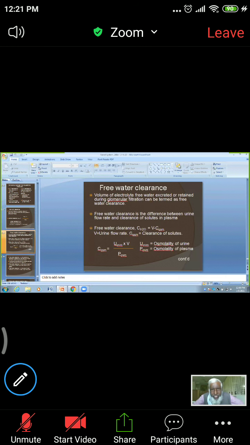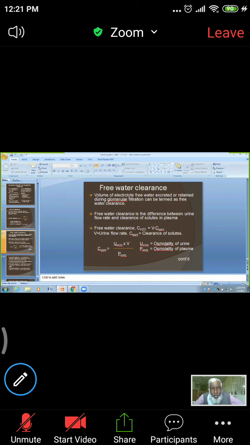Free water clearance: the volume of electrolyte-free water excreted or retained during glomerular filtration can be termed free water clearance. Another definition, a bit easier: free water clearance is the difference between urine flow rate and the osmotic clearance of solutes in plasma.